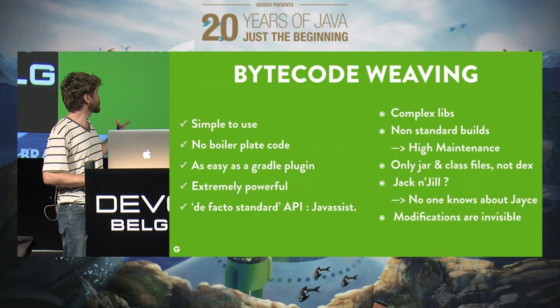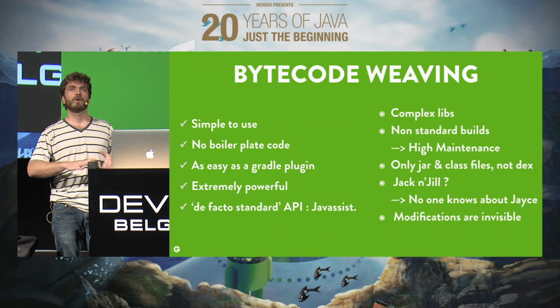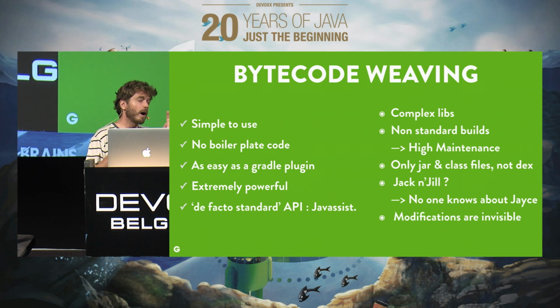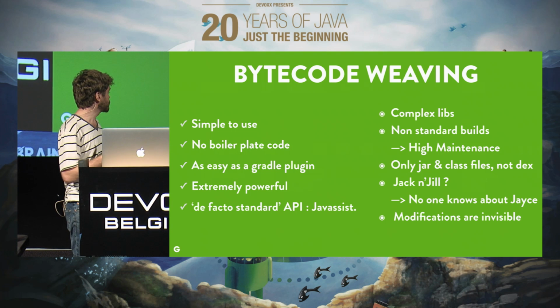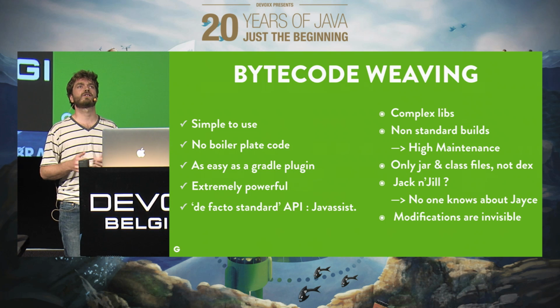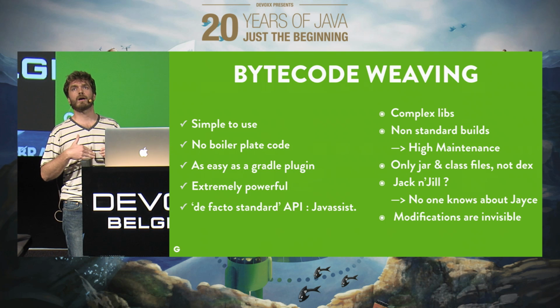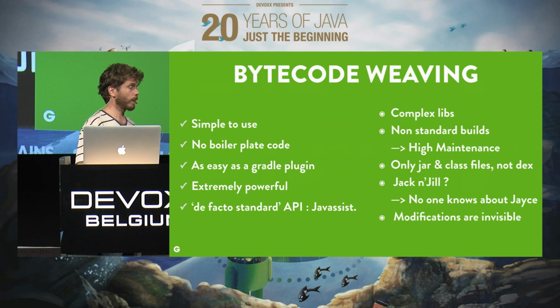So we think it's very powerful, because you could change the behavior of a class in every way you want. And there is kind of a standard on the Java platform, which has been developed over time, called Javassist. Most of the bytecode manipulations on the Java platform are done through this library, so it becomes like a de facto standard.